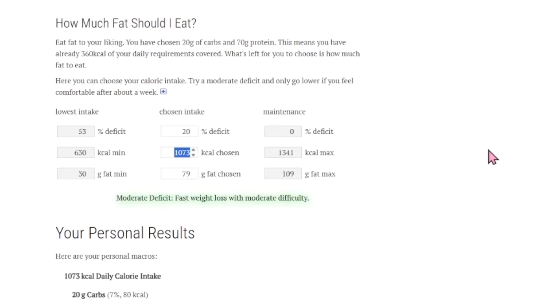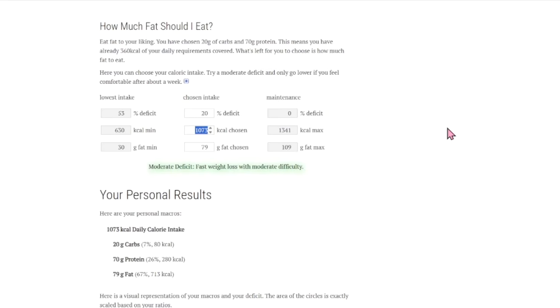So you want to play with this. Everyone's different. Some people just naturally need more calories than others. You want to figure out how to get your calories low enough to where you're actually losing the weight, but you're not feeling hungry all the time. Keto is great for helping with that because when you're on a ketogenic diet, it has a natural appetite suppressant, which I love. It makes it easier to lower your calories and continue to lose weight without feeling like you're starving.